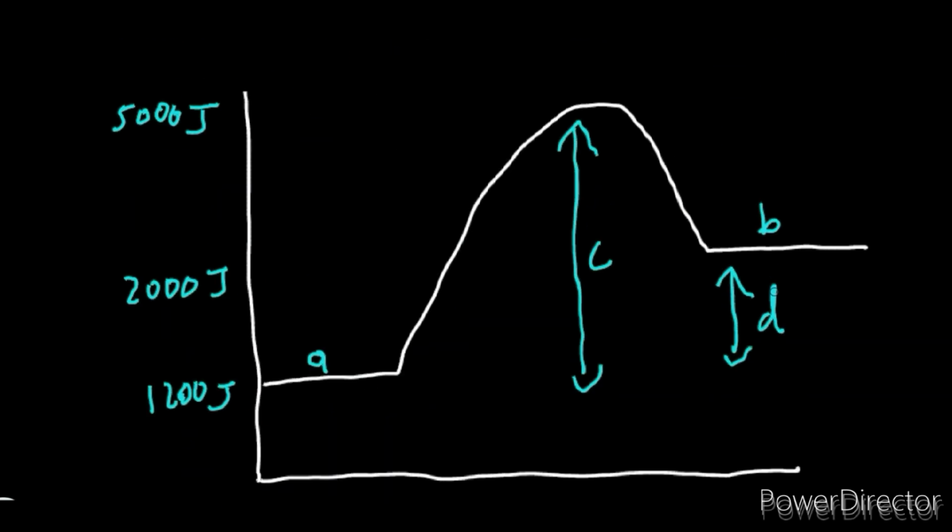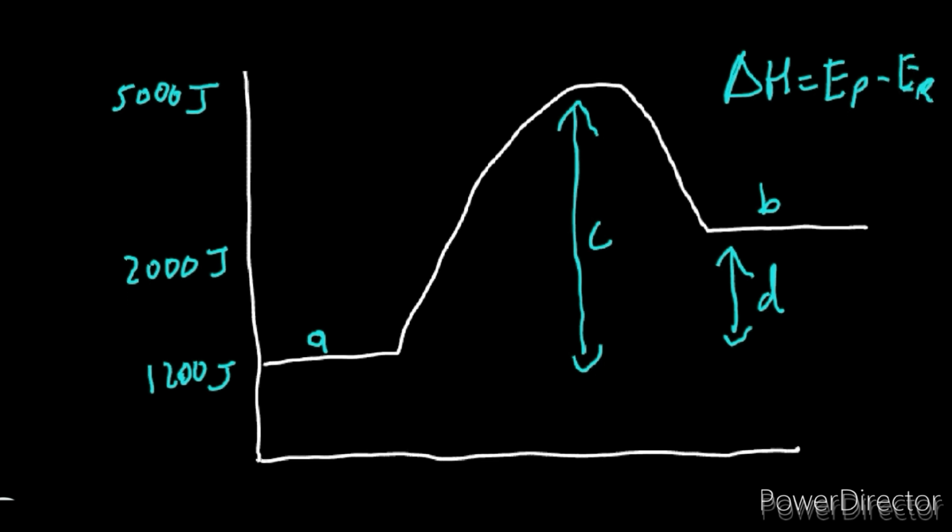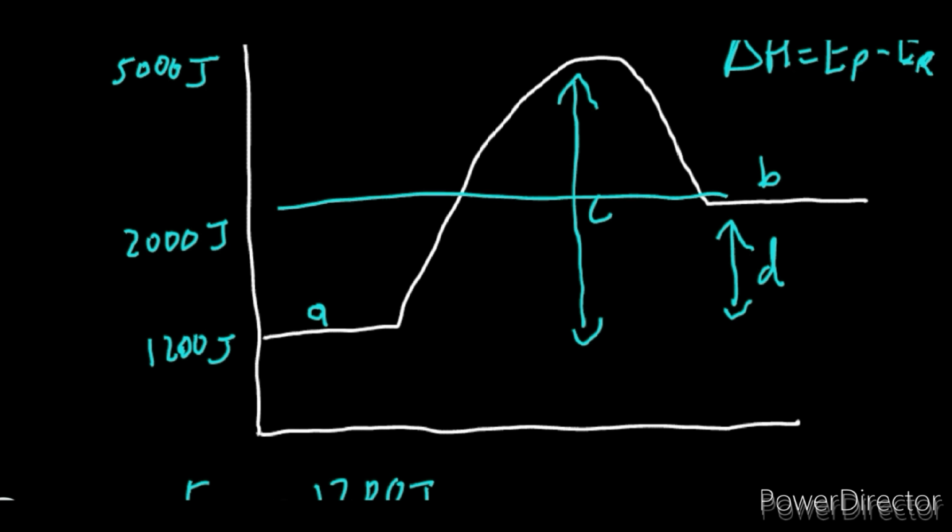Now let's say you ask for the enthalpy. The enthalpy, or the heat of the reaction, is always equal to the energy of the product minus the energy of the reactant. So we just have to subtract this portion minus this portion.